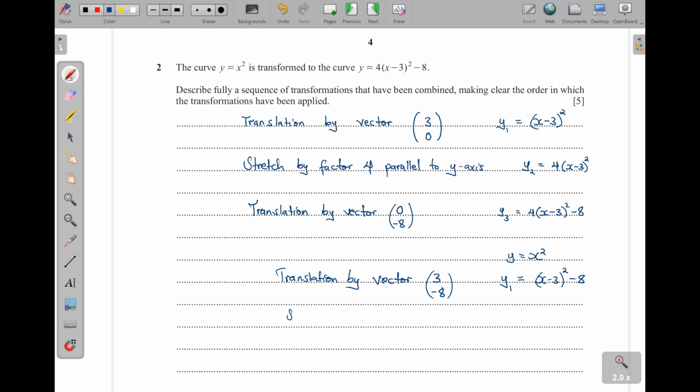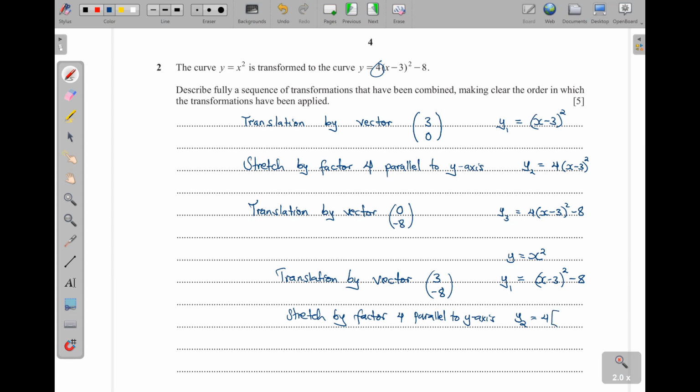Now, next you go to the stretch. So you say stretch by factor 4 parallel to the y-axis, since we are seeing a 4, that one is supposed to be a 4. So let me change this one to a 4. That means here you are going to have 4 into everything here.